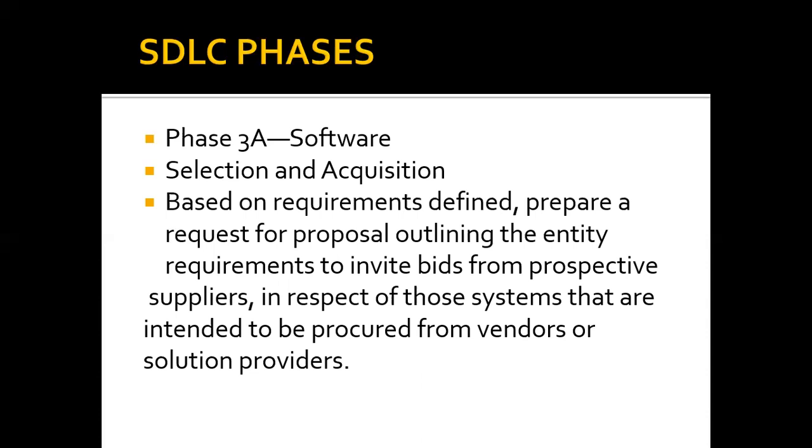References from existing customers, the number of years they have existed, proof of financial reliability, stability, and so on. Then the software requirements: demonstrate to us how the software you are vending is going to solve this problem.